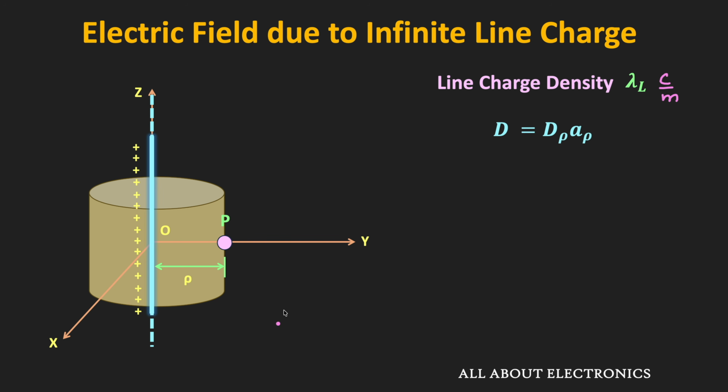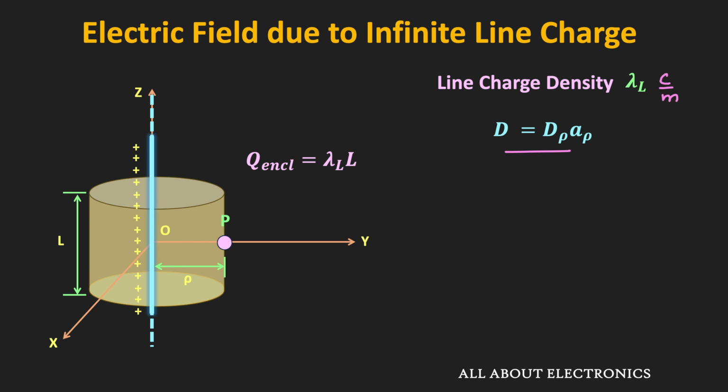And that's why the expression of D will be of this form. Here, let's say the length of the cylinder is equal to L. For this length of the cylinder, the charge enclosed by this cylinder is equal to lambda_L times L. So we can say that the total charge enclosed by this cylinder is equal to lambda_L times L.